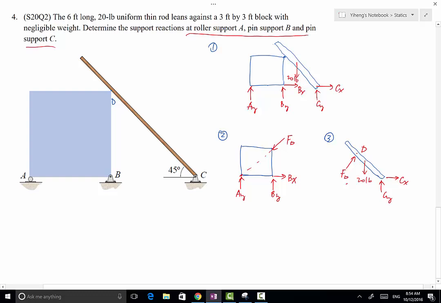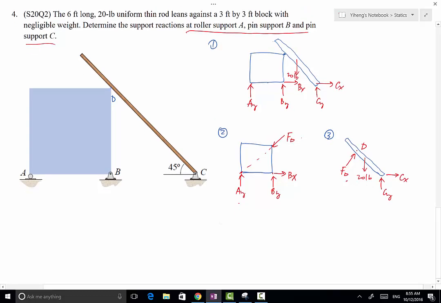For 3-force members, the forces are either concurrent, meaning that they intersect at the same point, or they are parallel. In this case, we already know the direction of AY and FD, and they are not parallel. Therefore, they must be concurrent, which means that we already know that FD and AY intersect at point A.